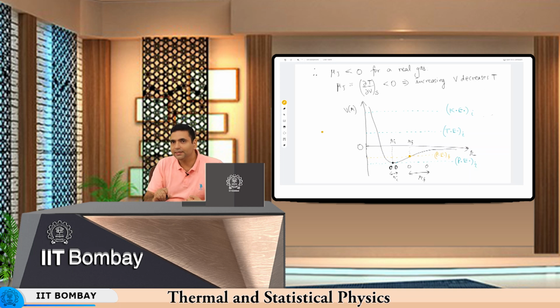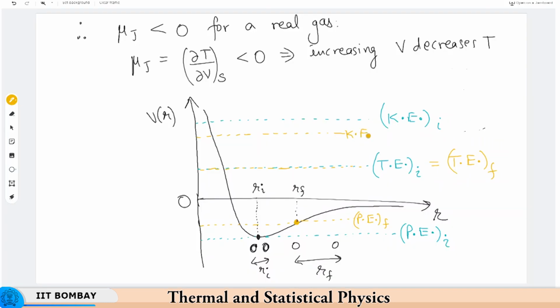But remember, the condition is that the total energy cannot change. The total energy of the system before and after expansion remains equal. Now since we are moving this potential energy up, which has a negative sign, in order to preserve the total energy, the final kinetic energy has to be lower, so that the sum can be preserved. So, after expansion the kinetic energy, final, goes below.